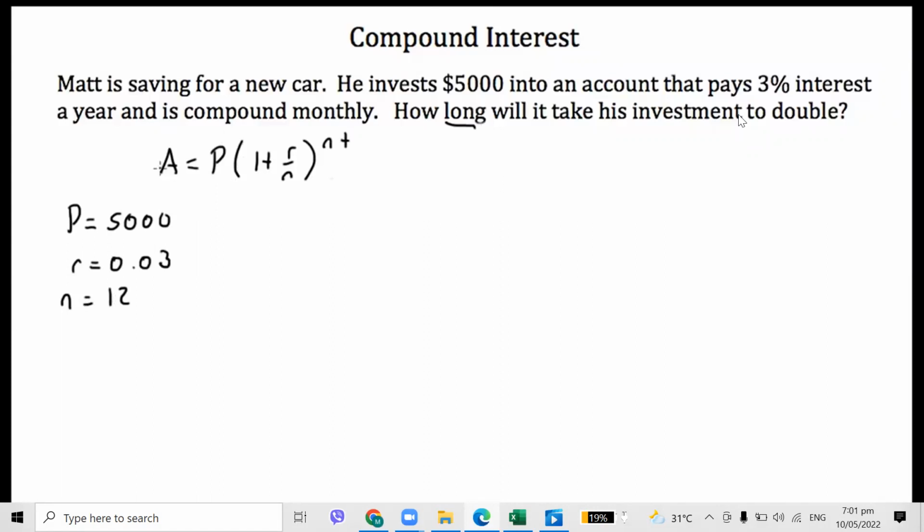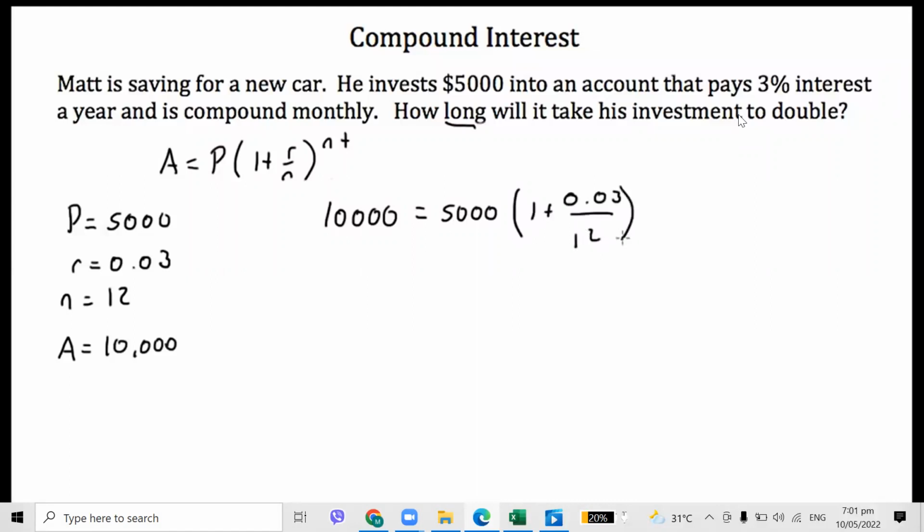So we're going to need A. Now A is $10,000 because we want our investment to double. So whatever we started with, 5,000, if you double that, that's 10,000. If we plug all this in, we'll have 10,000 is equal to 5,000 times 1 plus 0.03 over 12 to the 12t power.